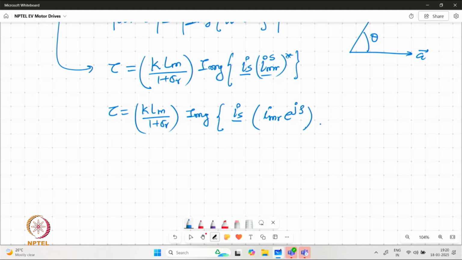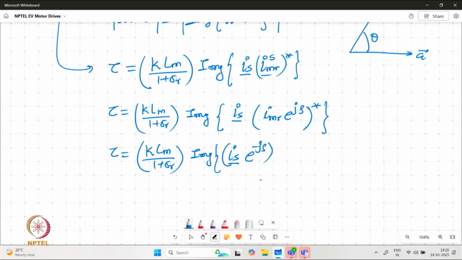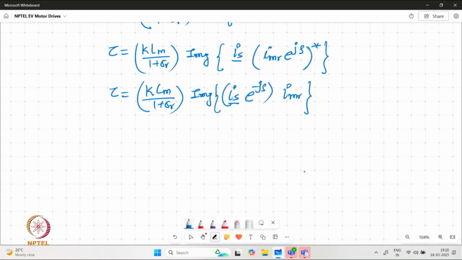The representation we had given in the previous lecture, magnitude times unit vector, and then we can apply the conjugate, and we can take out the unit vector, and it can be clubbed with the stator current for the transformation of stator frame of reference to DQ frame of reference.